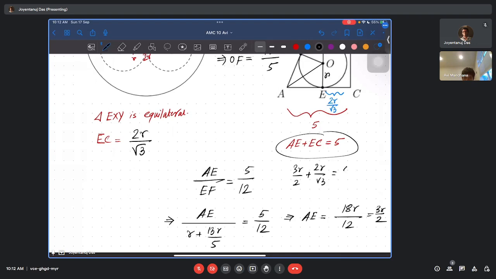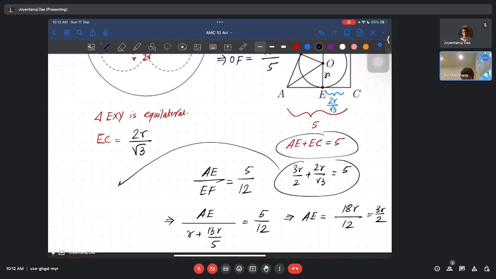So that is 5. So from here you can find the value of r. Try to find it. Yes, simplify.